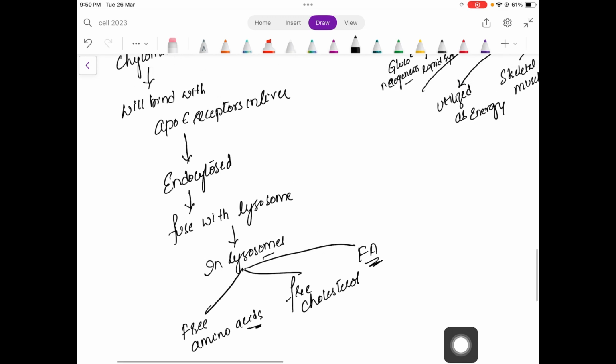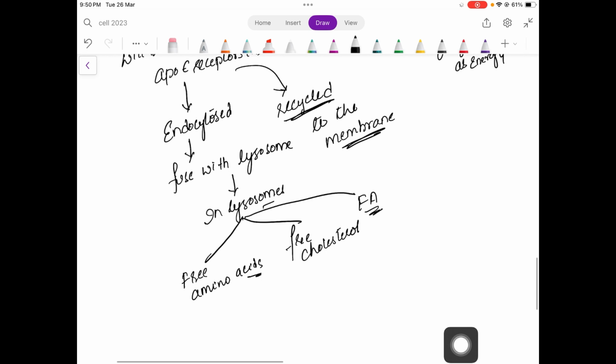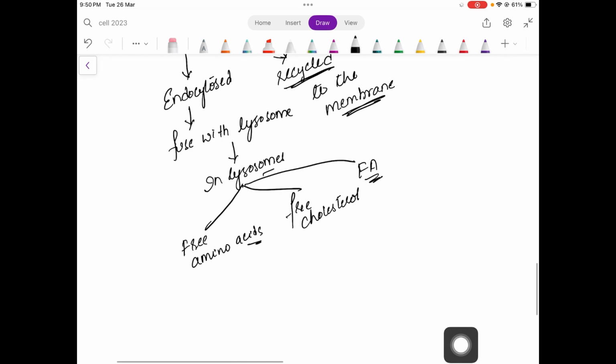And these ApoE receptors are recycled back to the membrane, and again they will participate in one more cycle of taking the remnant chylomicrons into the cell. So this is receptor mediated endocytosis. These remnant chylomicrons are absorbed through receptor mediated endocytosis, which is almost similar to LDL metabolism.